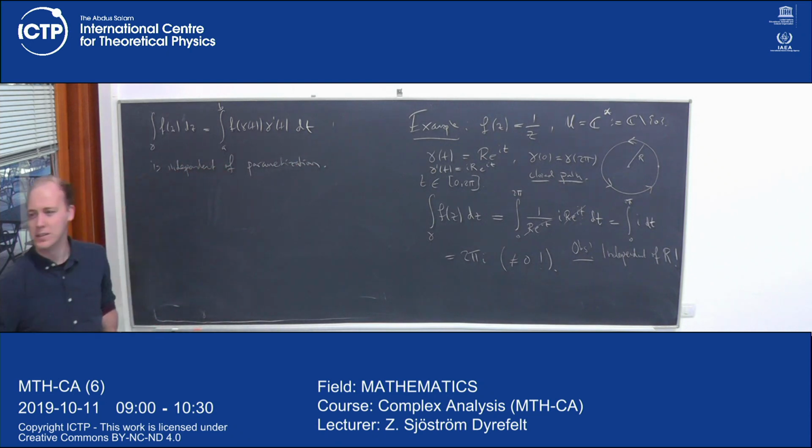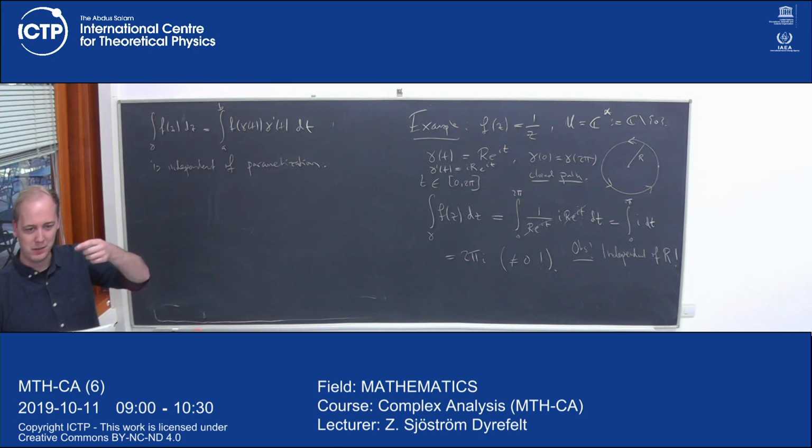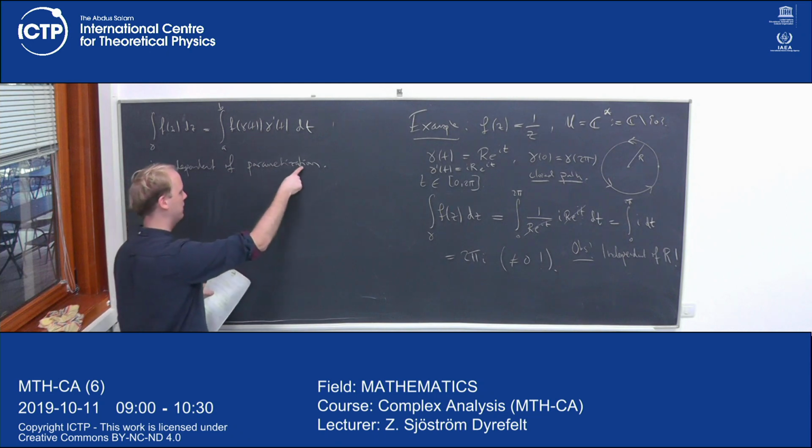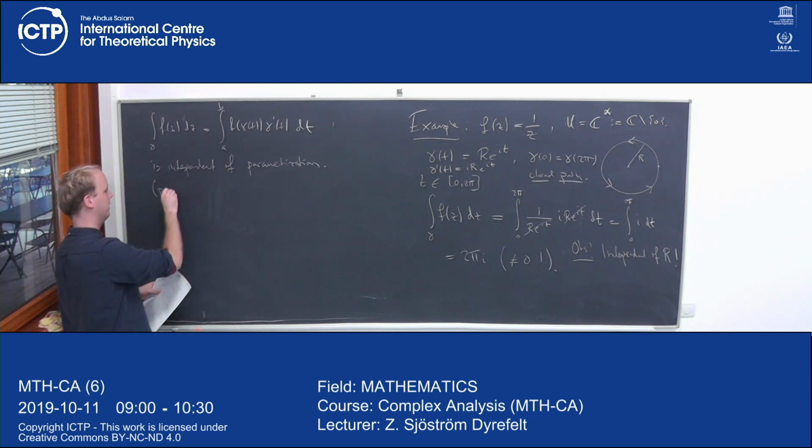But it's only independent if you interpret what it means to be a parametrization in the correct way. Because it is not independent if I change the direction. So a change of parametrization has to be increasing.